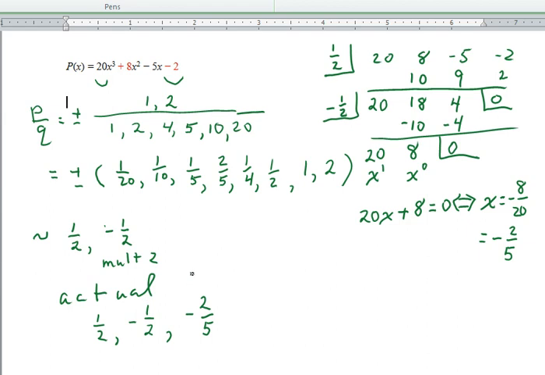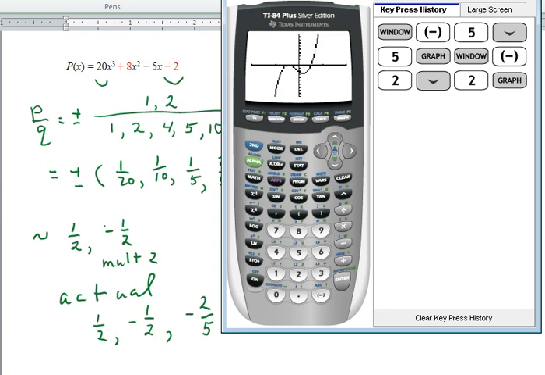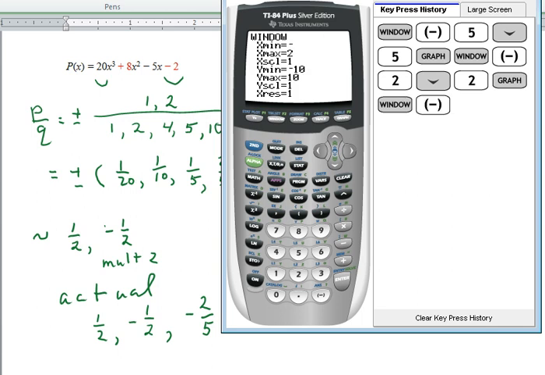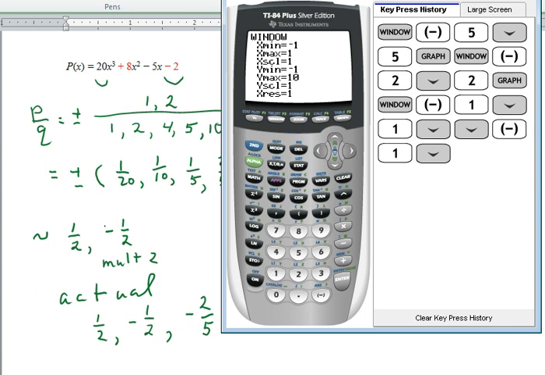Let's go back to the graphing calculator and see if we could have seen that by coming into a smaller window. So let's go to the window. I'm going to come into -1 and 1 for x min and x max, and I'm going to use -1 and 1 for y min and y max.